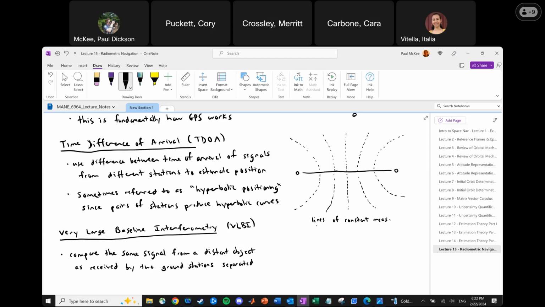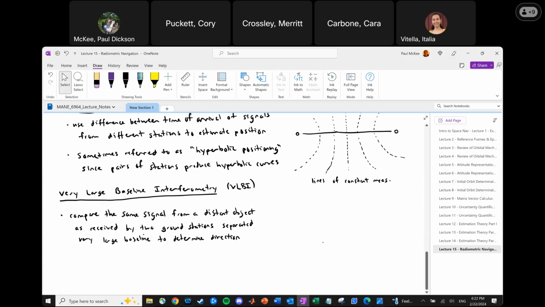That's where we get the VLB part. And this is done to determine direction. And you might be wondering, just how large is the large in VLBI? So let me draw you a little diagram here.